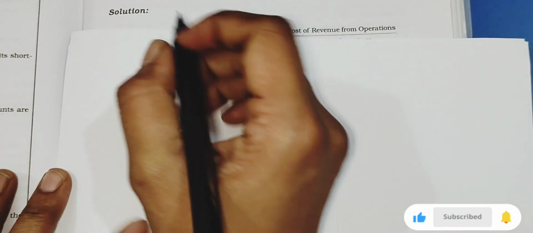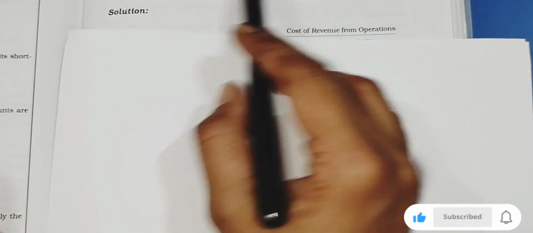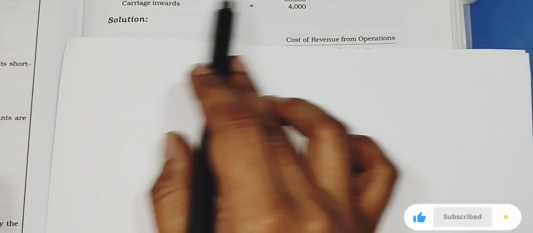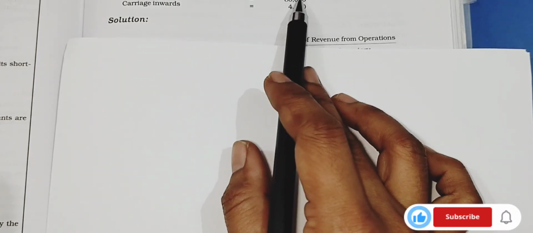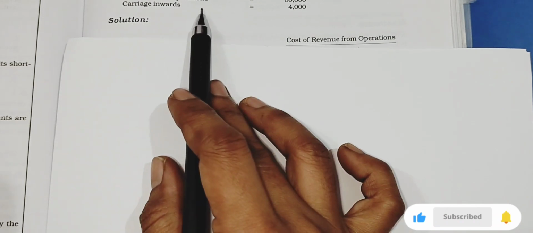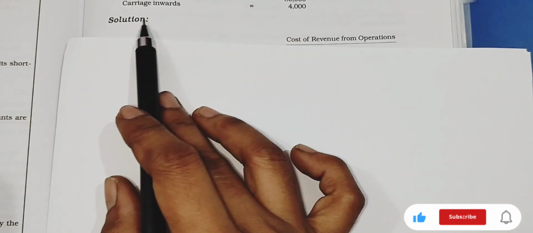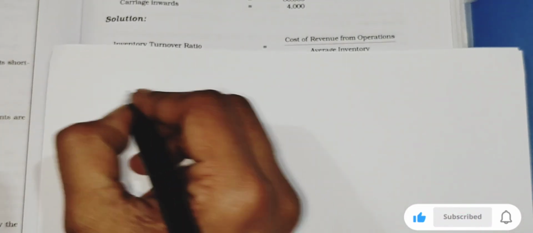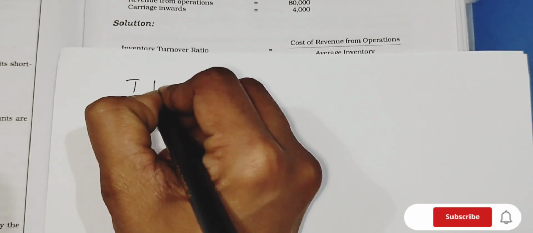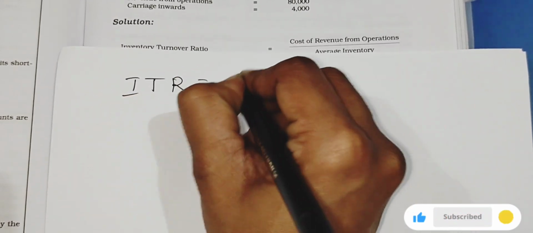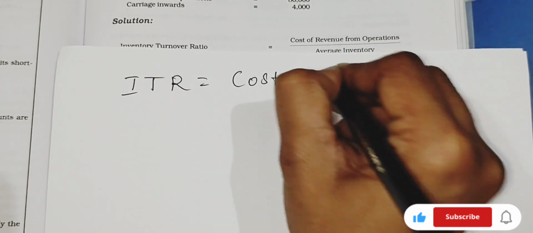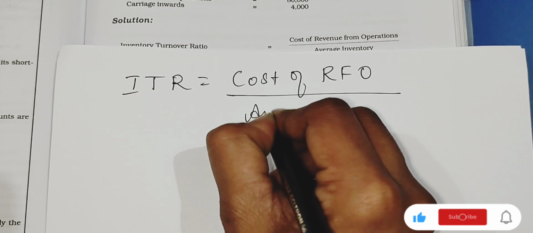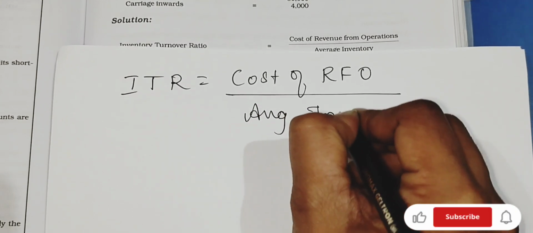The information is inventory in the beginning 18,000, inventory at the end 22,000, net purchases 46,000, wages 14,000, revenue from operations 80,000, carriage inward 4,000. Now the formula for inventory turnover ratio is cost of revenue from operations divided by average inventory.